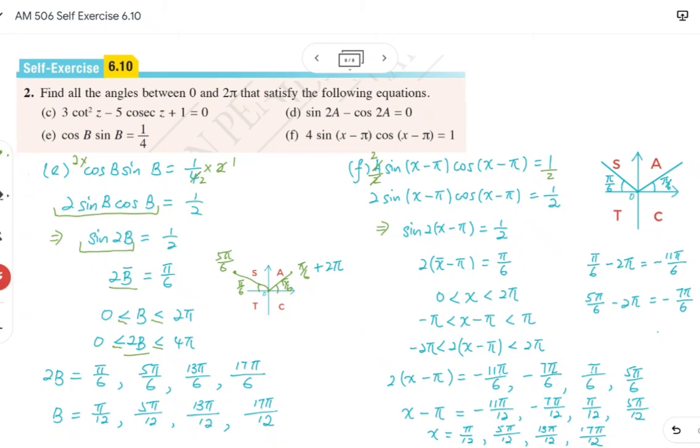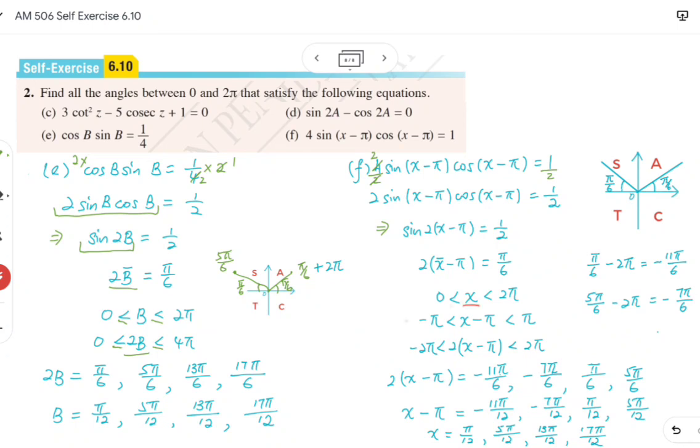Therefore, the reference angle for 2 times (x minus pi) is pi over 6, which is arcsine of 1 over 2. We need to put pi over 6 into quadrant 1 and quadrant 2, and check the domain of x minus pi.